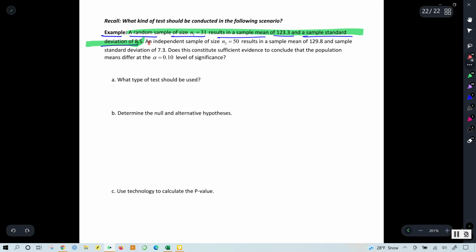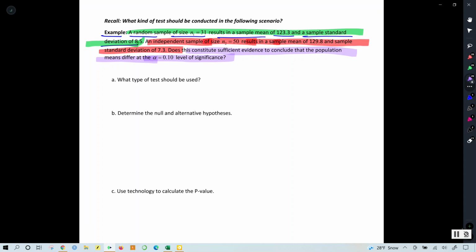Then, an independent sample of size n2 equals 50 results in a sample mean of 129.8 and a sample standard deviation of 7.3. Does this constitute sufficient evidence to conclude that the population means differ at the alpha equals 0.10 level of significance? The reality is we are testing hypotheses on population means, and they are independent samples.